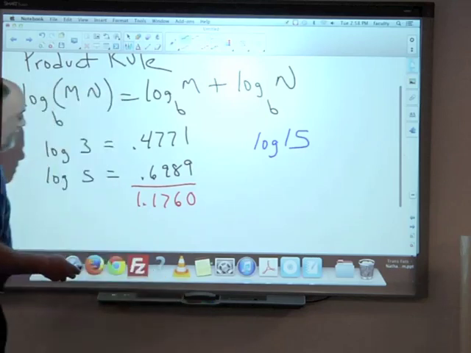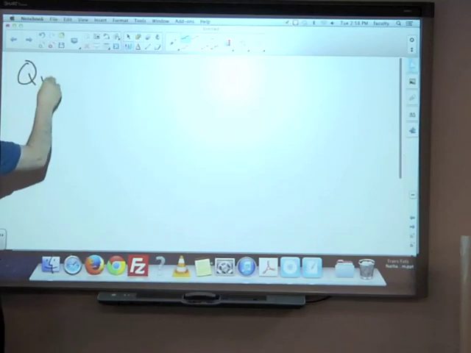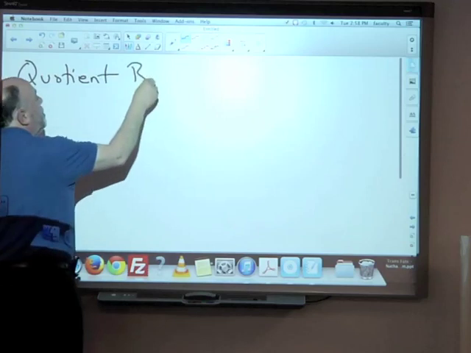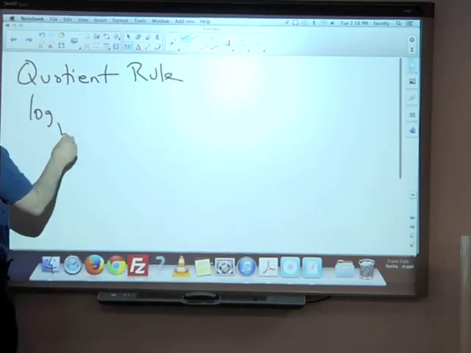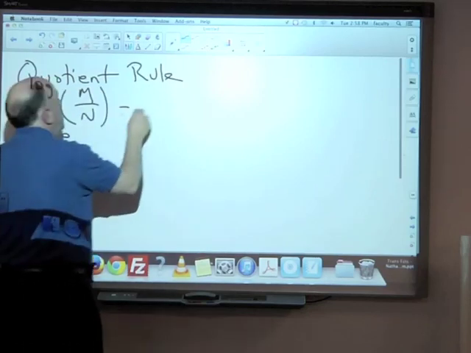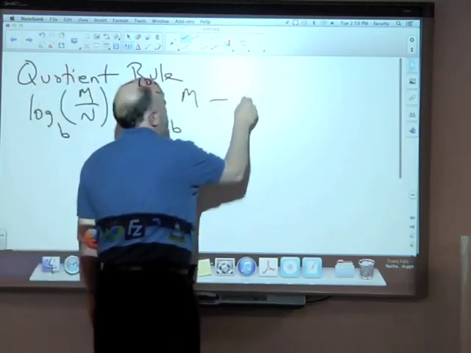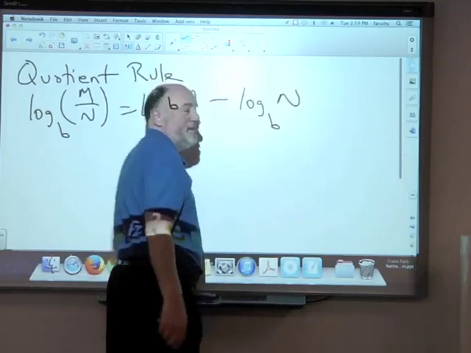So the quotient rule says that the log base b of m over n is equal to the log base b of m minus the log base b of n.